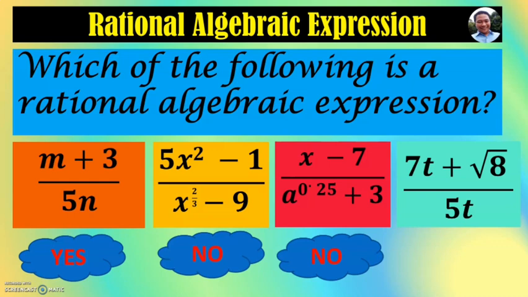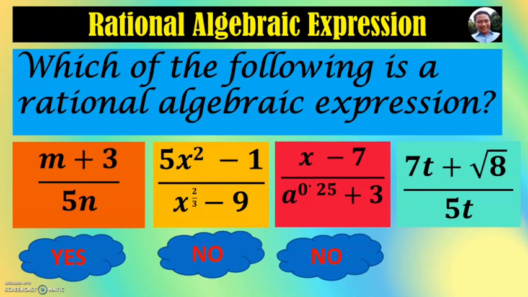First, if a variable is inside a radical sign, if the exponent is a fraction, if the exponent is a decimal, and if the exponent of a variable is a negative number, then they are not considered rational algebraic expressions.